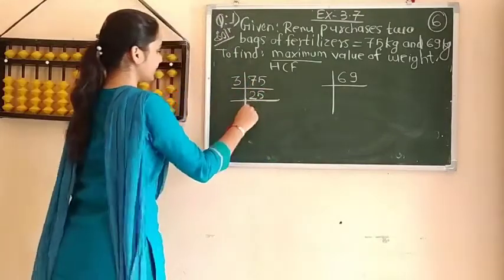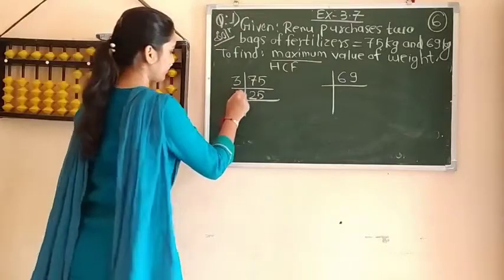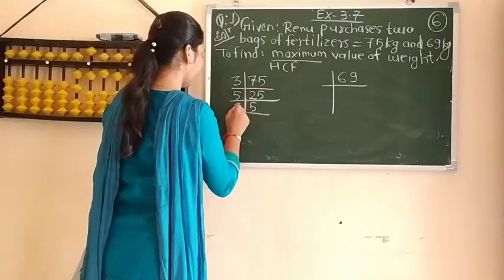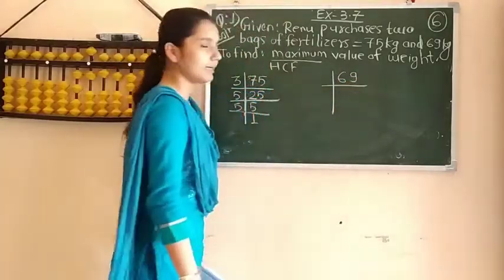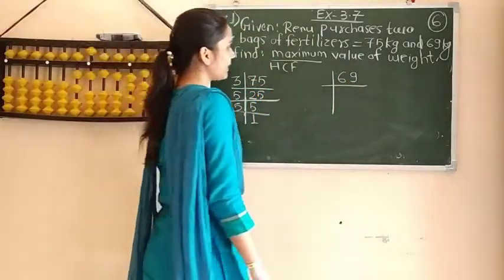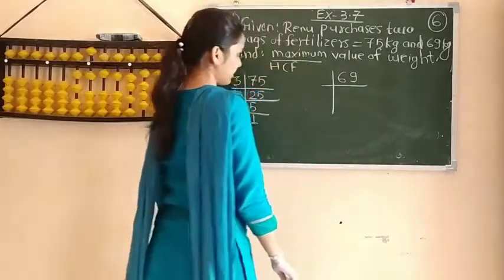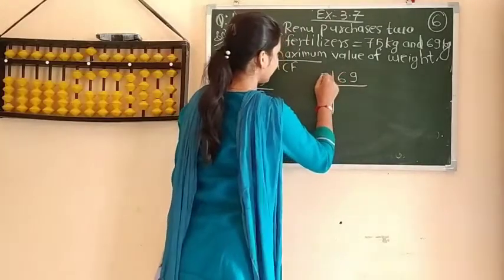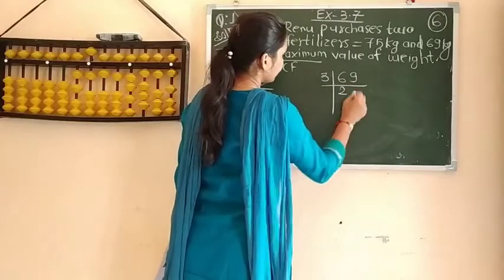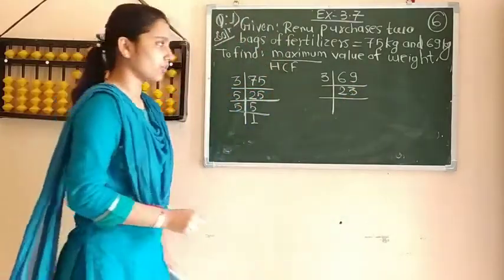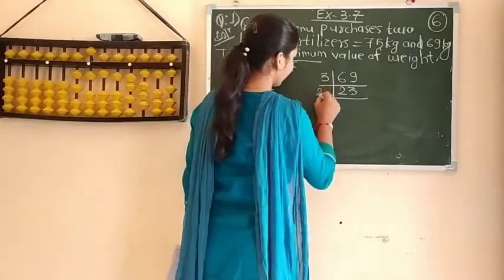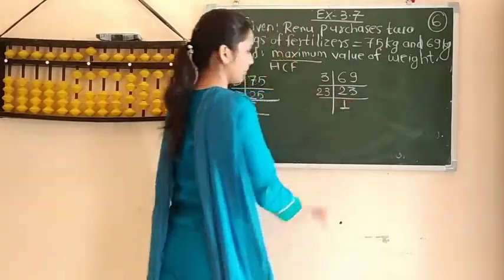Again it is an odd number, but it is not divisible by 3. So 5. 5 fives are 25 and 5 ones are 5. We will stop here. 69 is an odd number. Is it divisible by 3 or not? 9 plus 6 is 15, and yes, it is divisible by 3. 3 twos are 6, 3 threes are 9, and this 23 is a prime number, so it is divisible by itself. So 23 ones are 23.